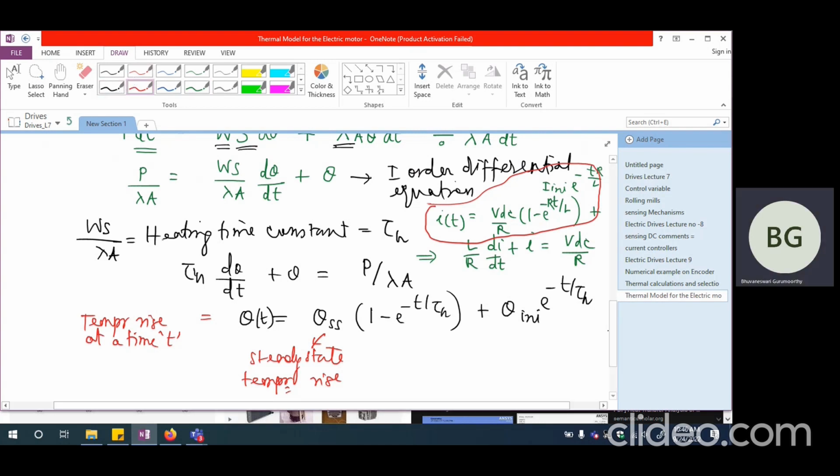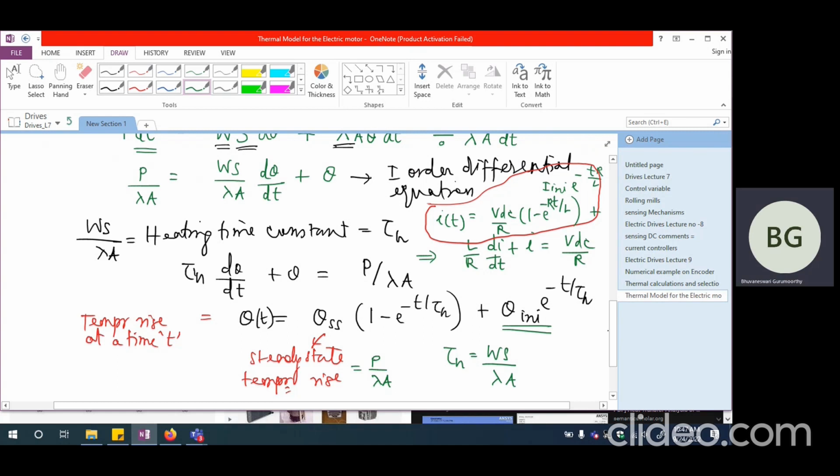So from here, I should be able to say that the steady state temperature rise itself will be P by lambda A. And tau h, we already said, is going to be equal to Ws by lambda A. And if there had been an initial temperature rise, that will also be taken into consideration ultimately to give us what is the present temperature rise that is encountered by the machine.